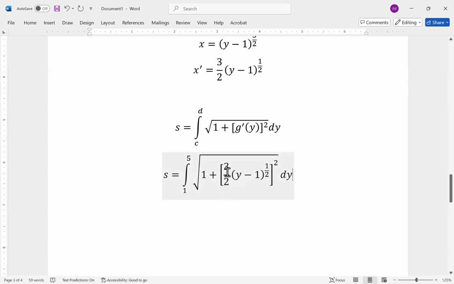Squaring 3/2 gives you 9/4. It doesn't matter though, whichever way you prefer to type it in. If you want to do a little bit of simplification, you can. If you don't want to do simplification, then you don't have to. You can just type it in as is.